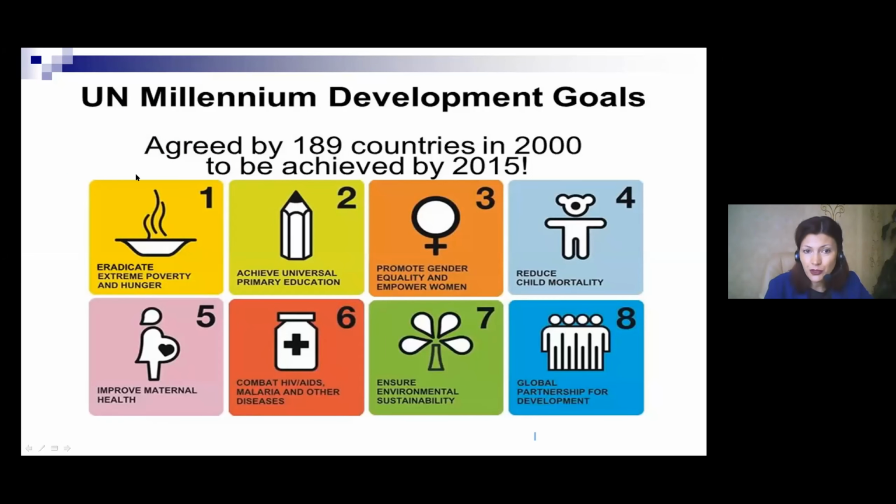So for those of you who are not familiar with the UN Millennium Development Goals, look at them. 8 goals, 189 countries agreed that they would achieve all these goals by 2015. Tell me, is it a successful project?